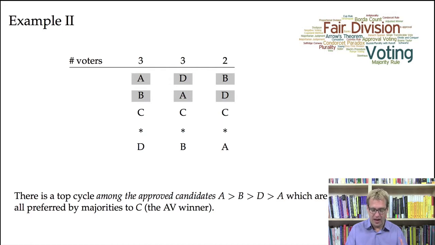There is a top cycle among the majority approved candidates. So again, note A, B, C, and D all have a majority of support. D has 5 approvals, A has 6 approvals, B has 5 approvals, and C has all 8 approvals. So all of that is strictly more than half of the population.